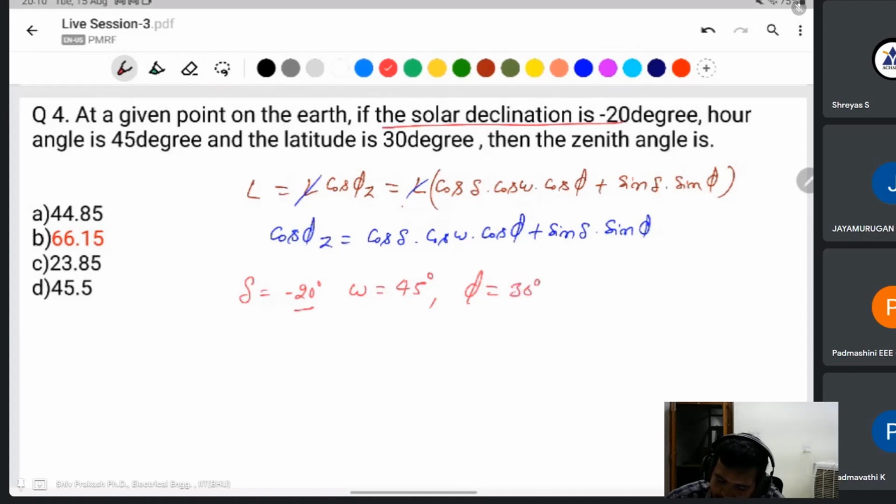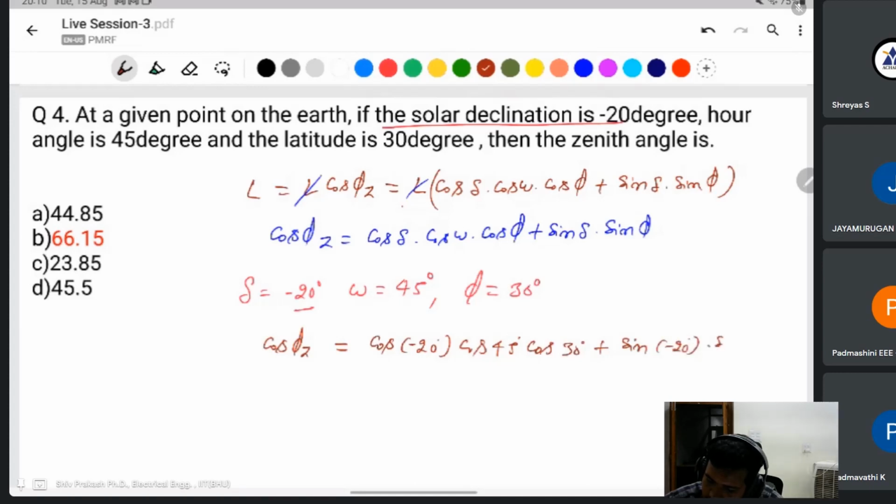So put these values in and find theta z: cos of minus 20 degree into cos of 45 degree into cos of 30 degree, plus sine of minus 20 degree into sine of 30 degree. Let's calculate this.